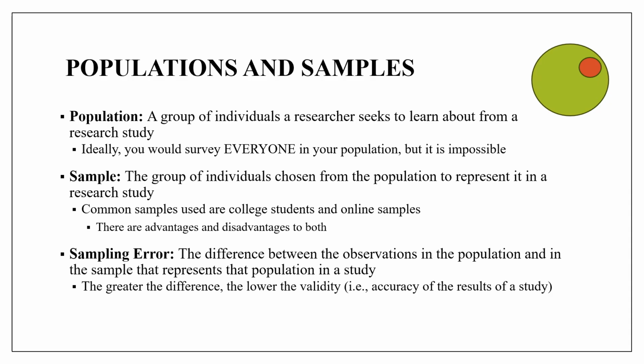And obviously, if we're not accurate about describing the population through the usage of this sample, then we cannot trust these findings as much. So again, sampling error is going to be a way of us speaking of how well the sample that we've selected is actually representing the population that we're interested in.